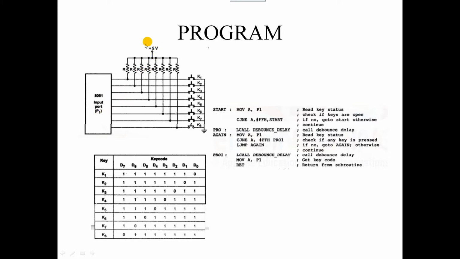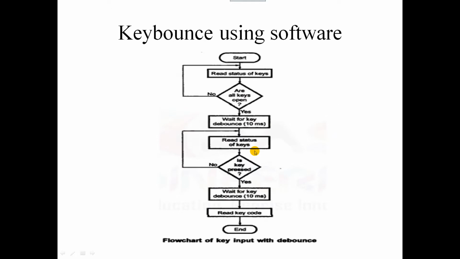The VCC supply is supplied to these keys with the help of pull-up resistors. This program is going to check the status of the keys first. If the key is open, then it will wait for 10 millisecond. If the key is not open, then the read status will be maintained.